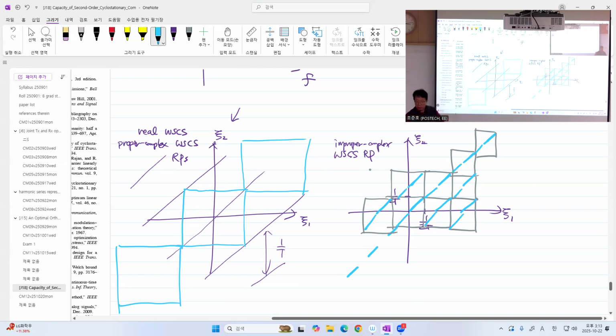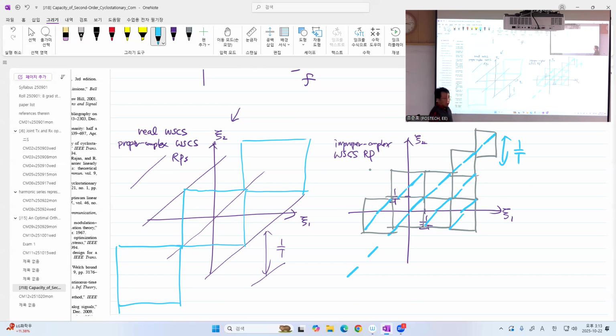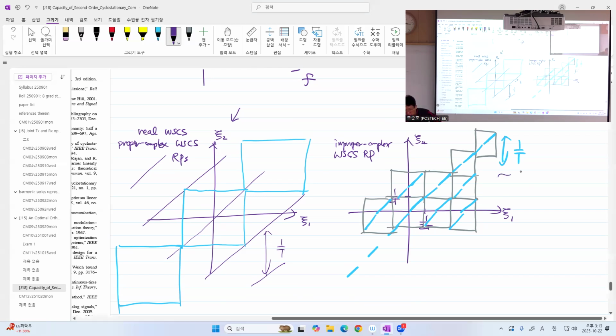So we still have impulse fences with spacing 1 over T. Then you may wonder, what about that impropriety? That appears here. So this is the double Fourier transform of R_xx(t,s). And you know that this is simply the double Fourier transform of the autocorrelation function, which has conjugation.